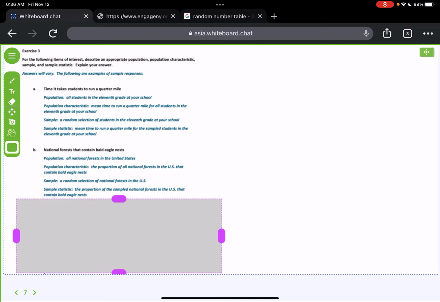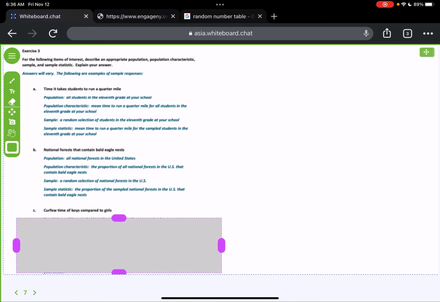Assign every national forest a number, use a random number generator or a random number table, pull 30 samples of those, and then you would have a random selection, and therefore a sample statistic, because you would have the proportion of the sample national forests in the United States that contain bald eagle nests.